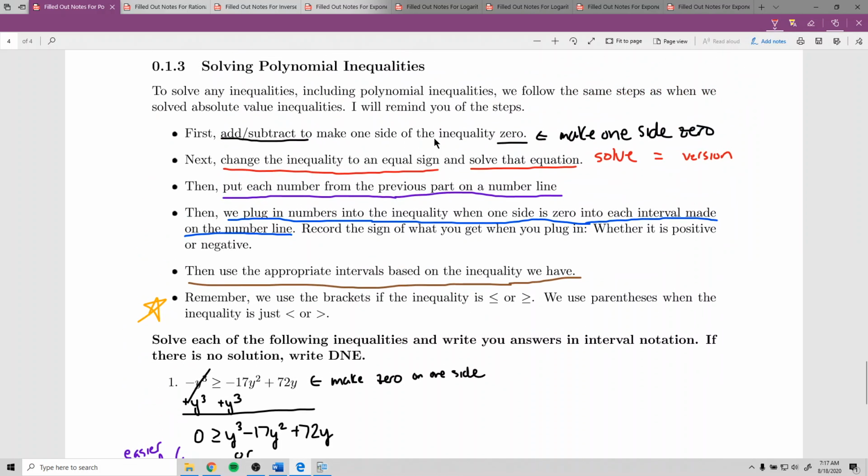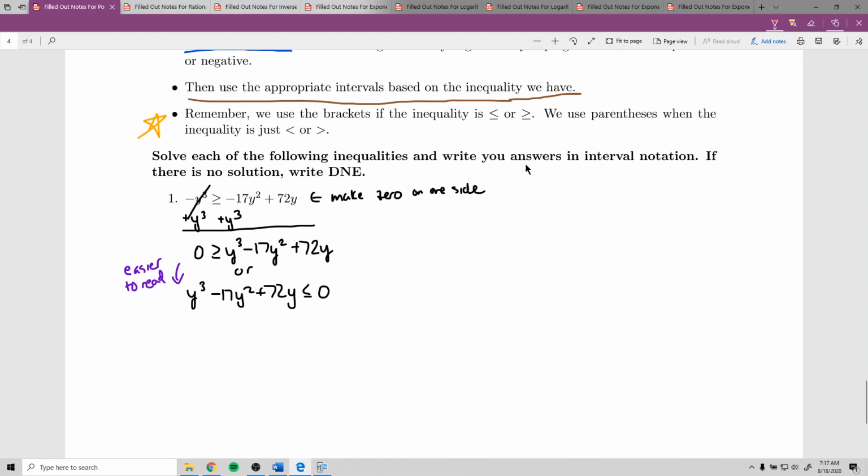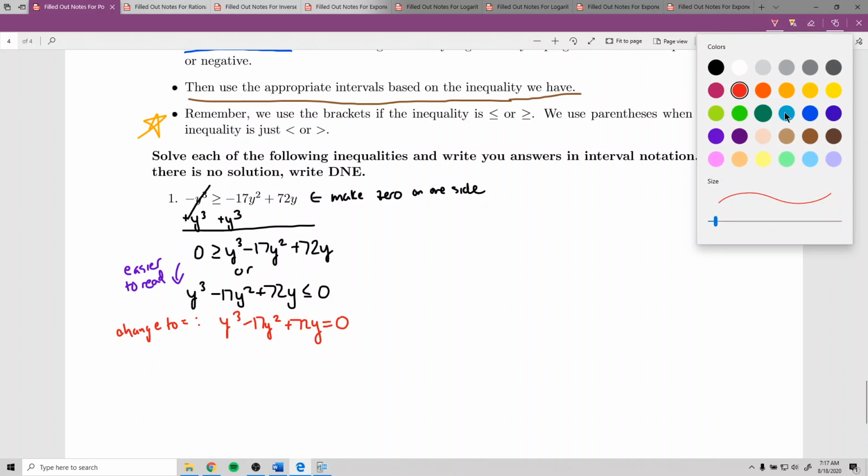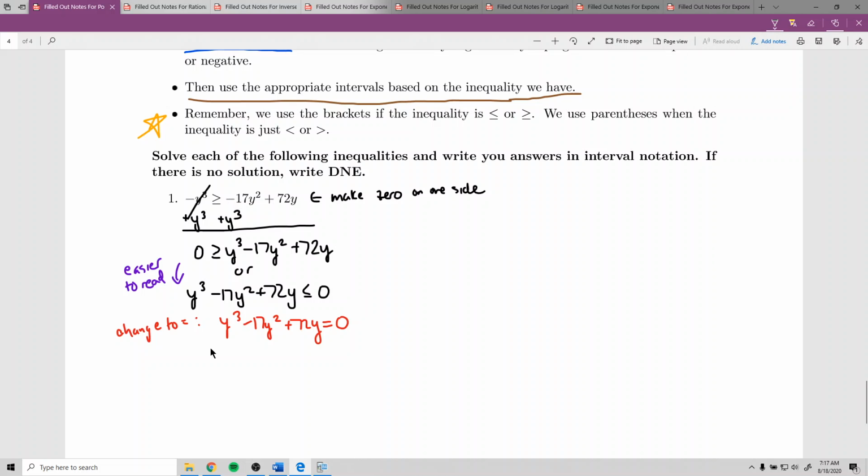All right, so what did we do after we made 0? We changed the inequality to an equal sign and solve. We got y cubed minus 17y squared plus 72y equals 0. Right, and now you want to solve this.